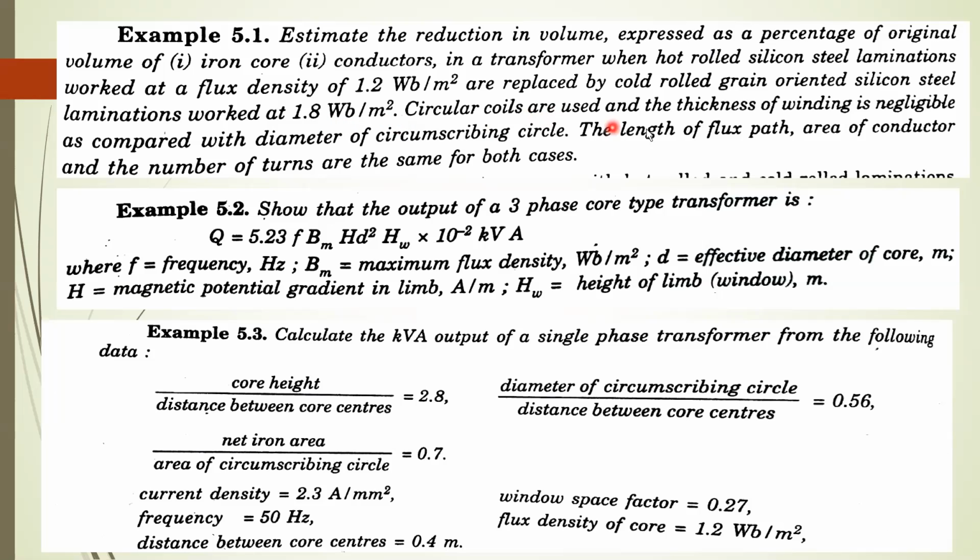Circular coils are used and the thickness of winding is negligible as compared with the diameter of the circumscribing circle. The length of flux path, area of conductor, and the number of turns are the same for both cases. Okay. Right. So the first part we have already done. We have solved the iron core problem, and we found that the reduction of volume in the iron core was 33.3%. Now we have to find the reduction of volume for the conductors.